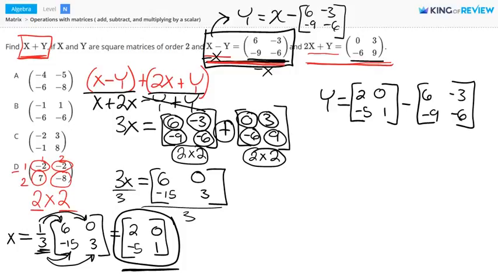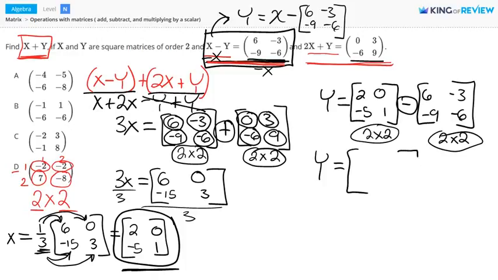The dimensions on these two matrices are 2 by 2 and 2 by 2. These are the same dimensions, therefore I'm allowed to subtract them. So I get y equals, now I must subtract corresponding entries. 2 minus 6 gives me negative 4. 0 minus a negative 3 gives me positive 3.